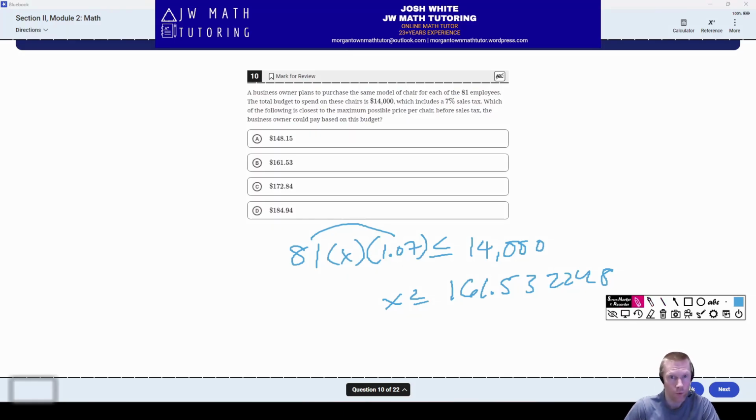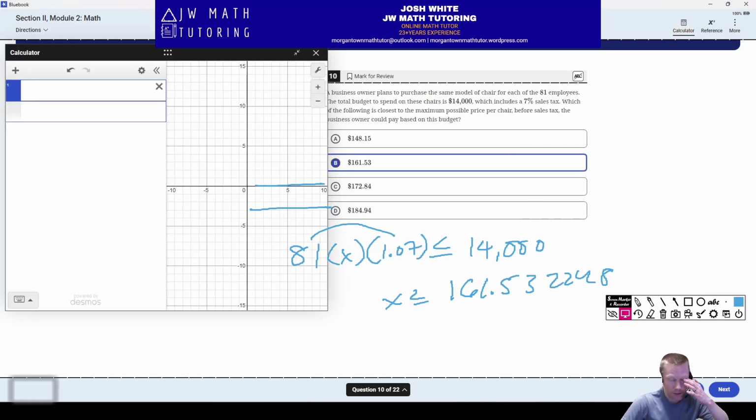So which one's close to the maximum possible price? Okay, too high, too high. So B is acceptable because notice 161.53 is technically less than this, because this has additional values after the 0.53. So the correct answer here is going to be letter B.